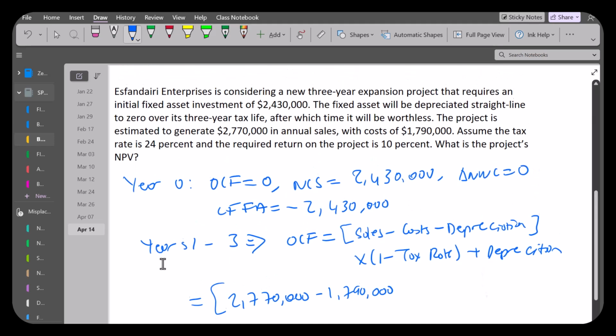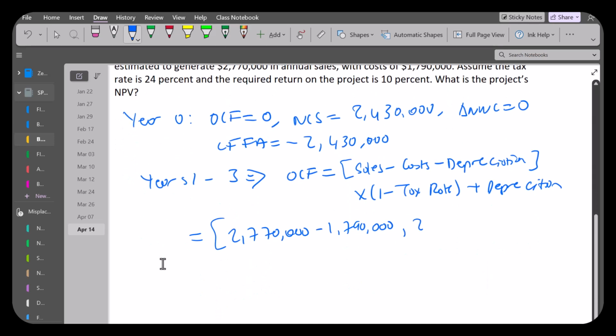And depreciation is going to be, let's calculate depreciation here. 2.42 million, it's 3 years straight line.